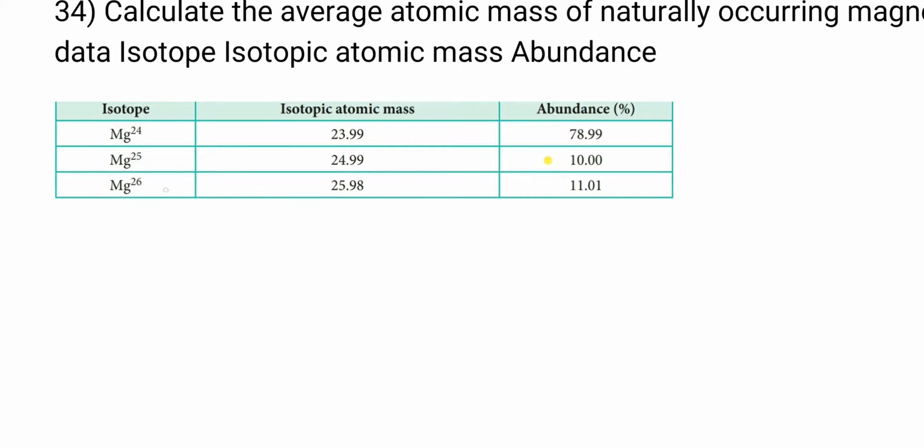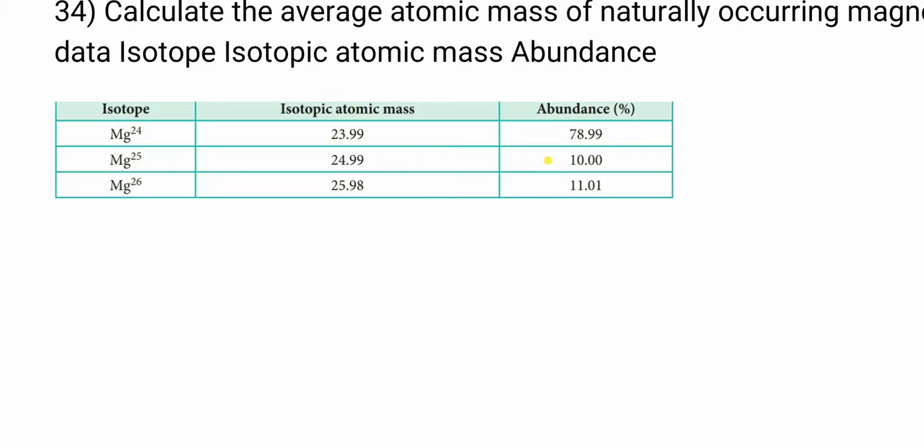Then next one, in the case of magnesium 25, it is given as 24.99 and the abundance is 10%. அதே மாதிரி in the case of magnesium 26, 25.9 is the isotopic atomic mass and its abundance is given as 11.01%.